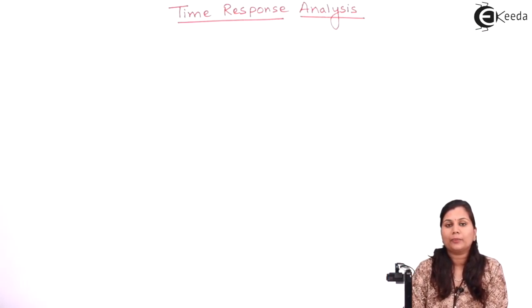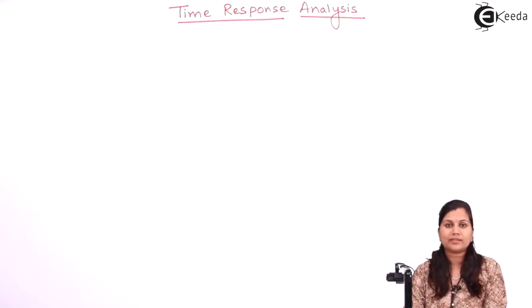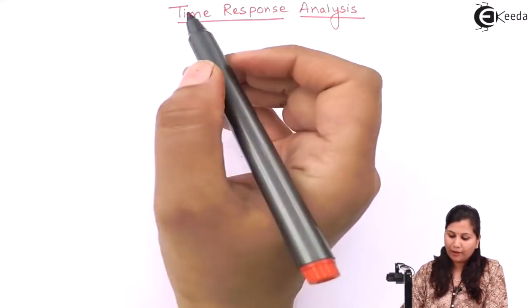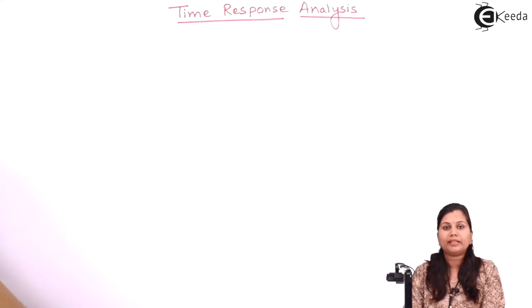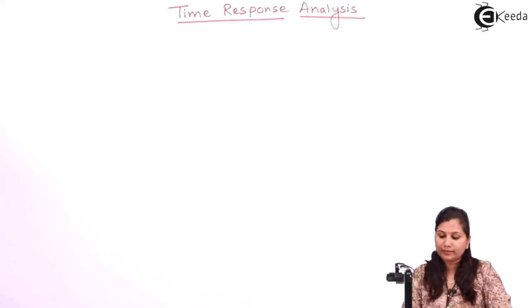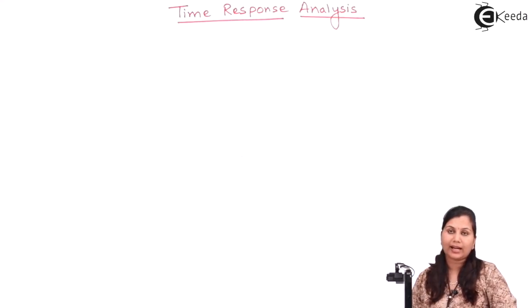Up till now, we have studied the control system and derived its mathematical model. After deriving the mathematical model, our first motive will be to analyze the performance of the system for various types of inputs. So, in analyzing the performance of the control system, first we have to see what the response of the system will be towards various input signals.